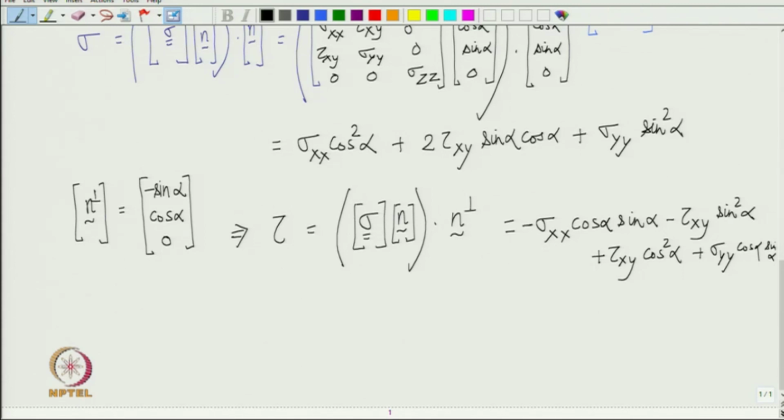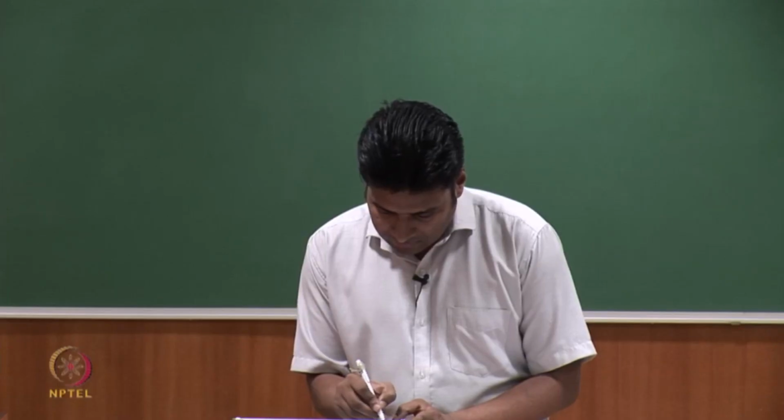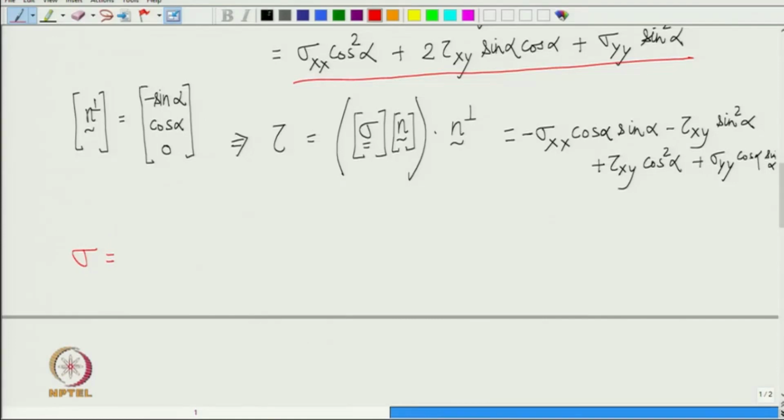Now, we can play with these expressions to make them more nice. Let us see how to do that. For example, suppose I want to do it for sigma, the normal component, this expression. So, I am going to rewrite it as sigma equal to sigma xx plus sigma yy by 2. Okay.